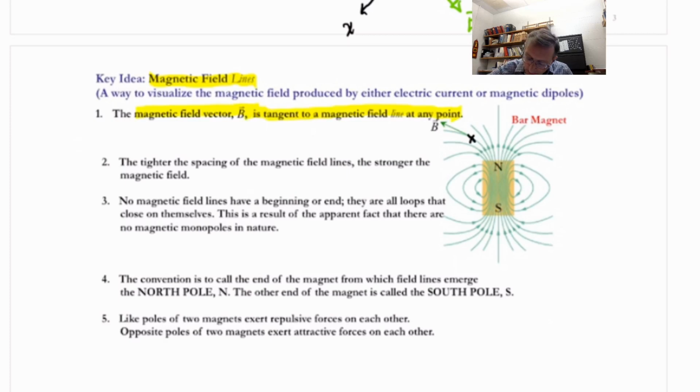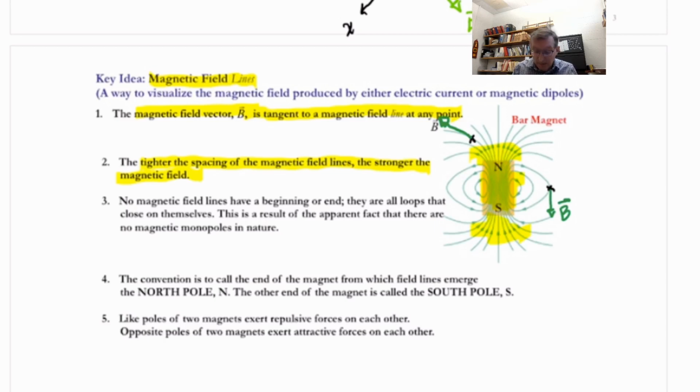So that's what it would look like roughly, the B arrow at that location. At this location right here, the B arrow has got to be tangent, it'll be straight down. Okay, so the actual B arrow at a given point is tangent to the magnetic field line passing through that point. Like with electric field lines, the tighter the spacing of the magnetic field lines, the stronger the magnetic field. That tells me the magnetic field is quite strong inside this bar magnet and also right near the two ends.